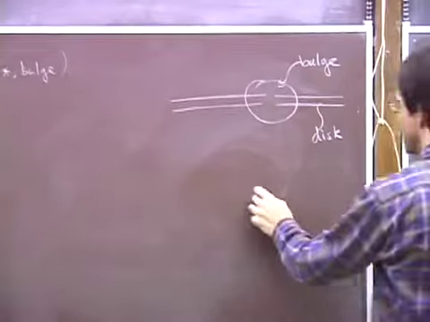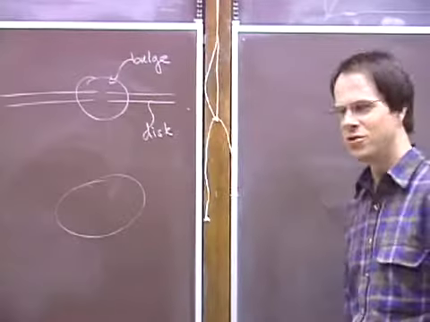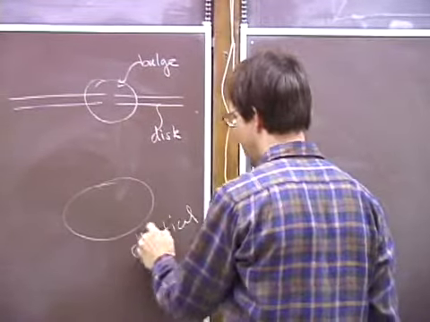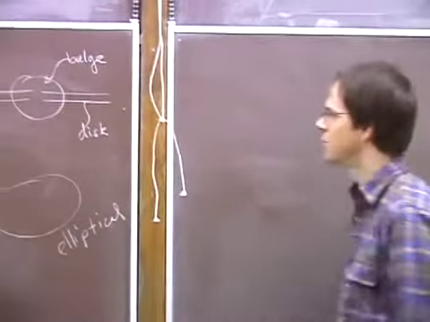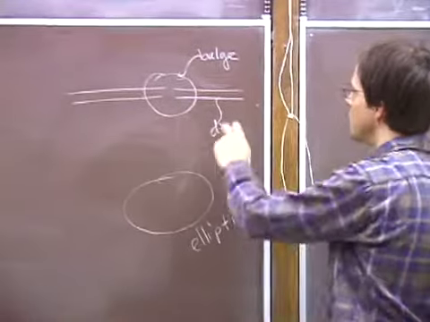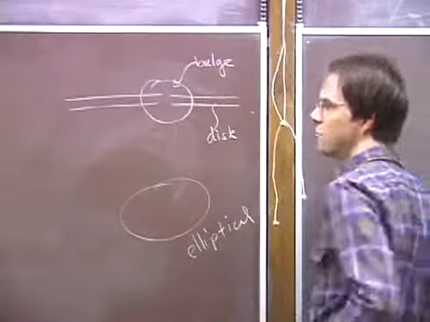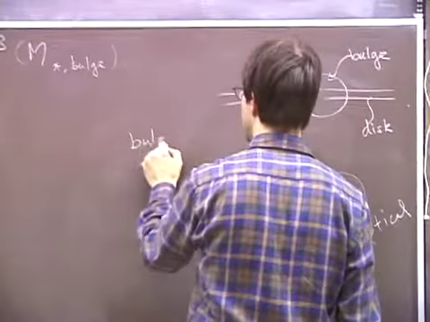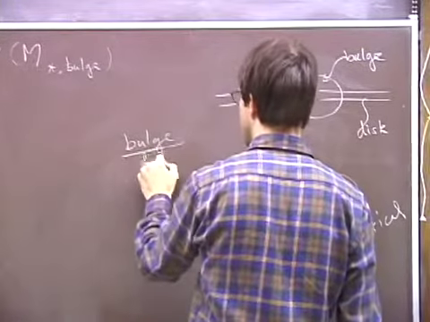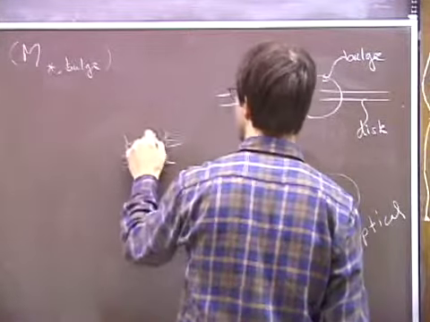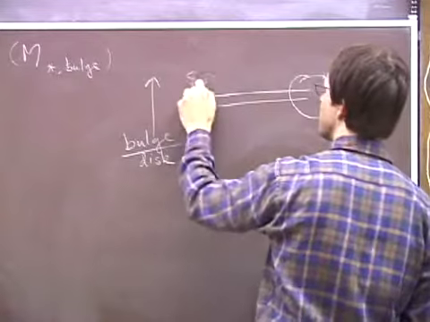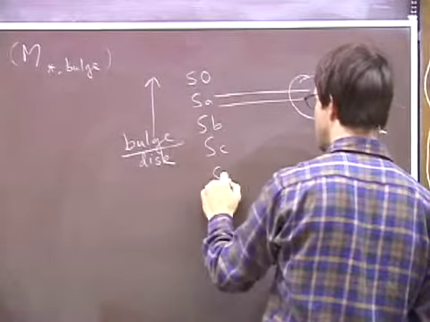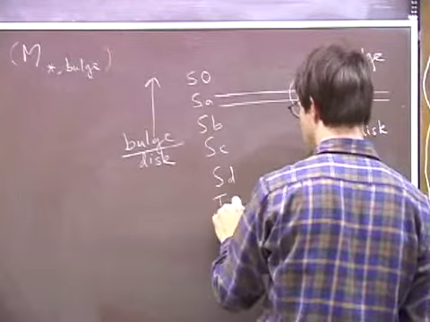And some galaxies are all bulge, and these are called elliptical galaxies. And galaxies which are not elliptical are defined by their so-called bulge to disk ratio, and as the bulge over disk ratio increases this way, the galaxies are called S0, SA, SB, SC, SD, irregular.